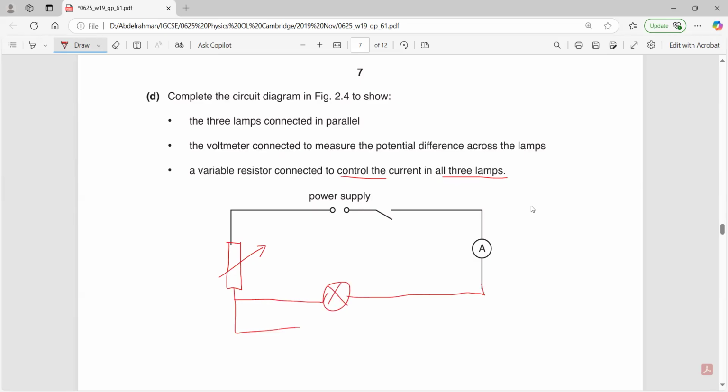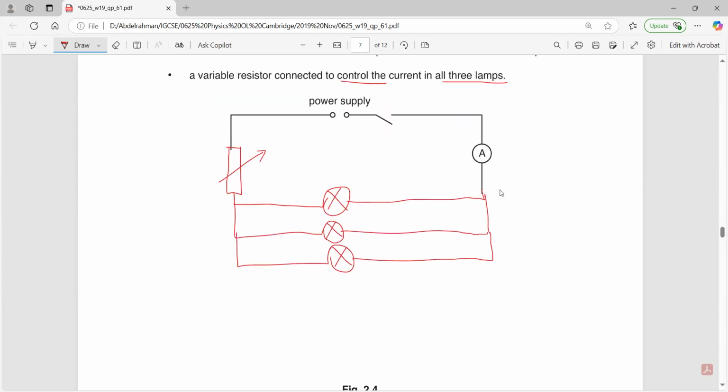One lamp, two lamps, and three lamps in parallel, in addition to the voltmeter, which should also be in parallel. Can I draw the voltmeter first before the three lamps? Yes, you can.